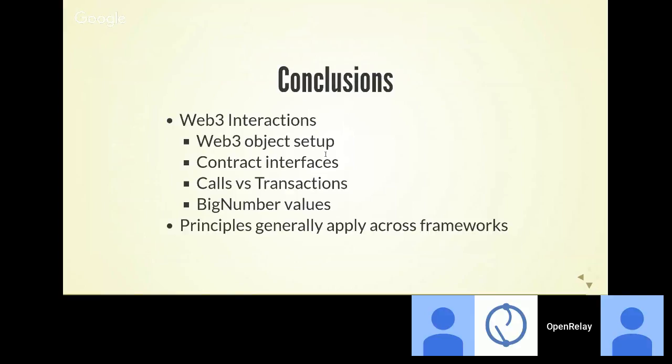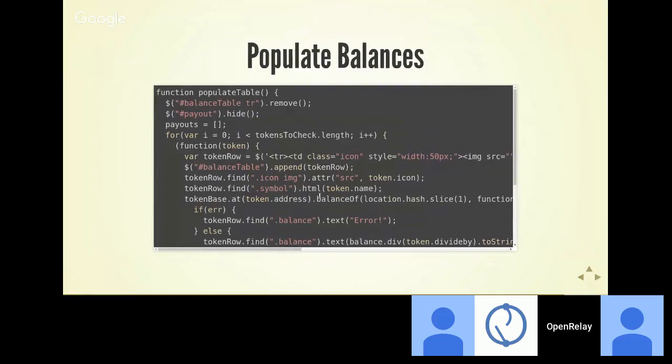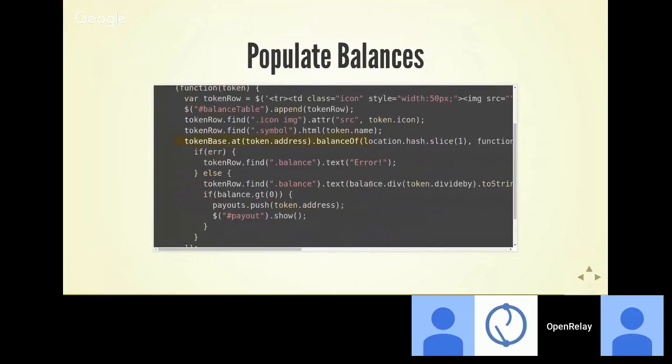and way cheaper. The other thing that we noted is in places like this, when we call balance of, the result there, here balance, is going to be a JavaScript big number object.